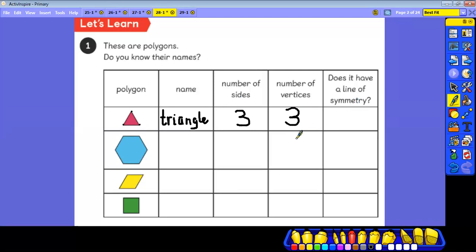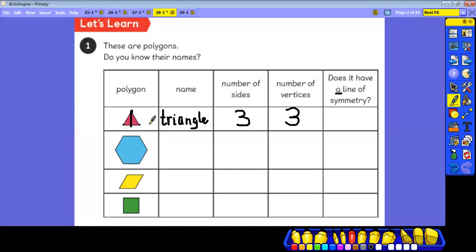Does it have a line of symmetry? I hear you shouting, yes, of course it does. It might have more than one, but we're asked, does it have a line of symmetry? Remember children, if you're drawing lines of symmetry, please use a ruler. So I'm going to try and draw my line of symmetry. There we go, a vertical one.